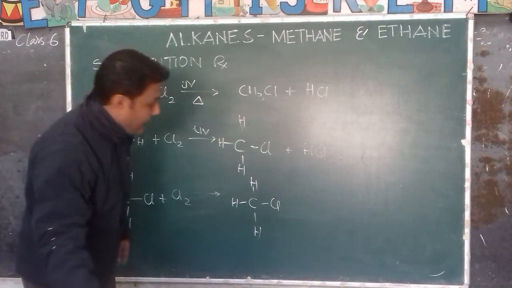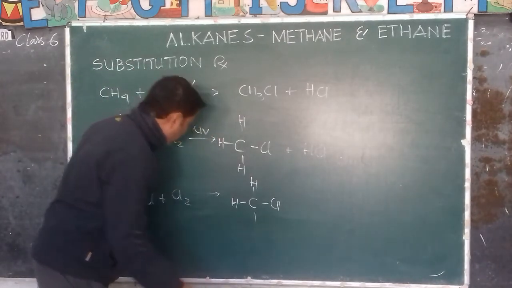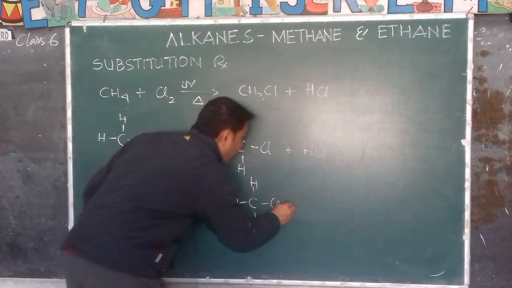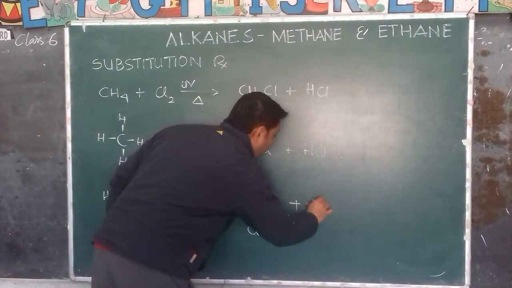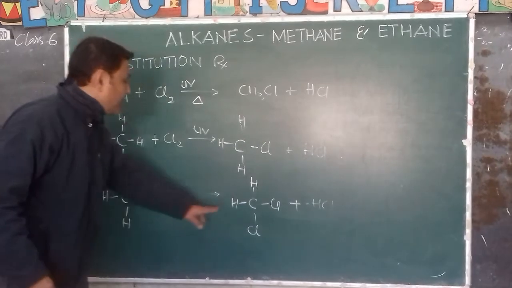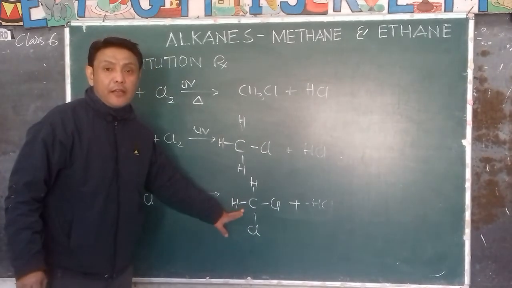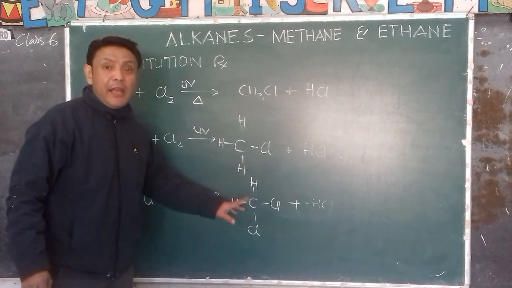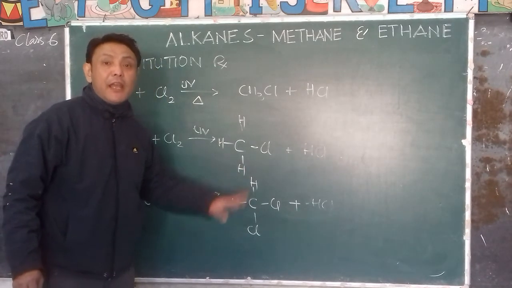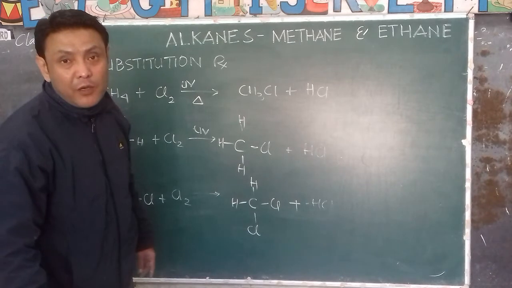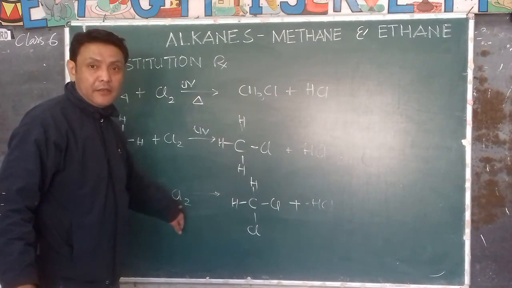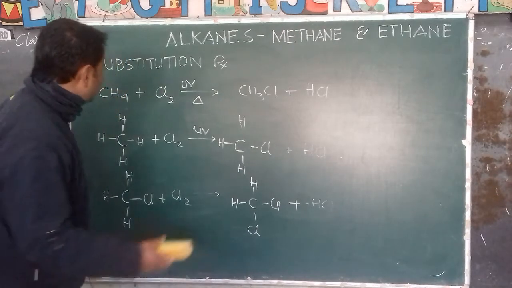Now one more hydrogen will again be replaced by one atom of chlorine, and of course HCl is formed. So this is called dichloromethane. Is it okay? Every time it reacts, one hydrogen atom will be substituted by chlorine. So this is a very good example of substitution reaction.